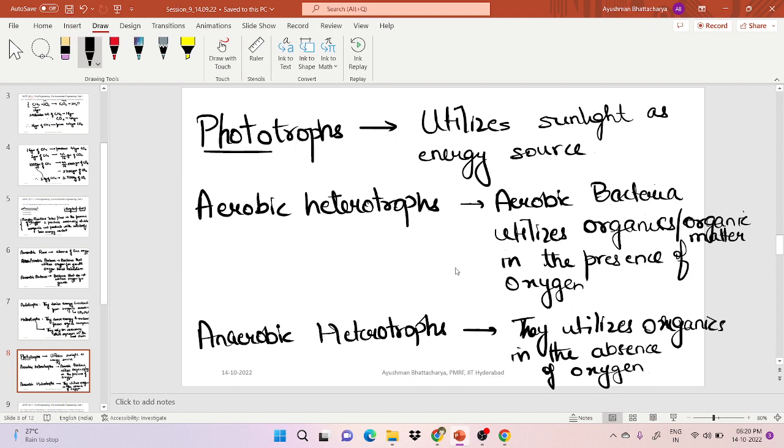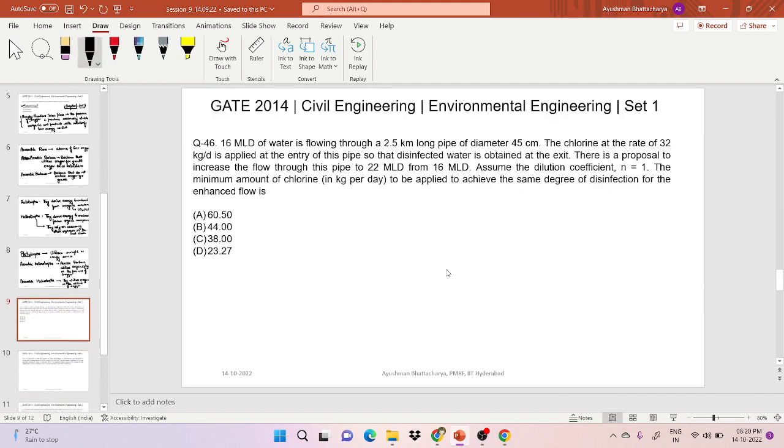Now we will proceed to the next question. It says 16 MLD of water is flowing through a 2.5 kilometer long pipe of diameter 45 centimeter. Chlorine at a rate of 32 kg per day is applied at the entry of this pipe so that disinfected water is obtained at the exit. There is a proposal to increase the flow through the pipe to 22 MLD from 16 MLD.